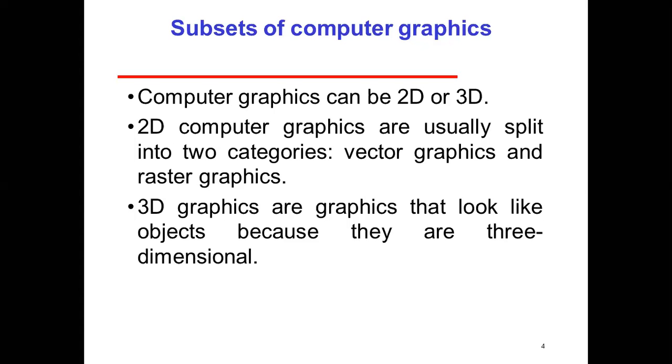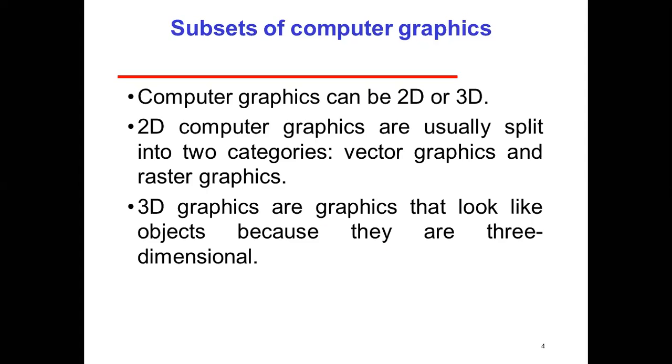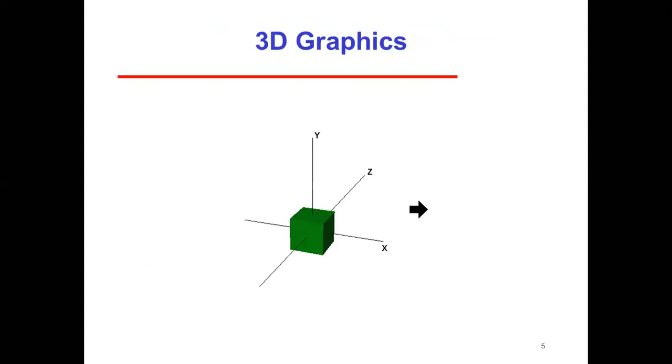In 2D, you cannot see all sides of the object, or if an object is rotating, you cannot see it from all sides. In the case of 3D graphics, you can enjoy it from all sides. This is 3D, we can say the X, Y, Z plane.